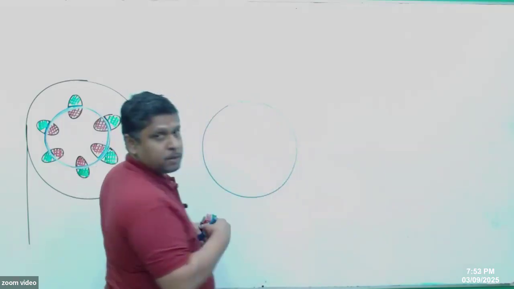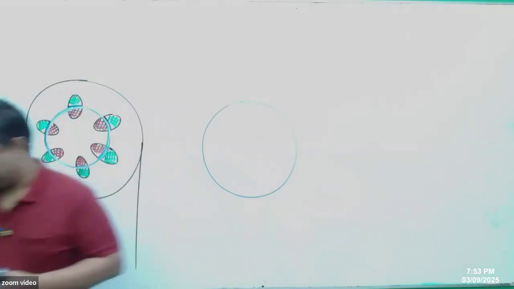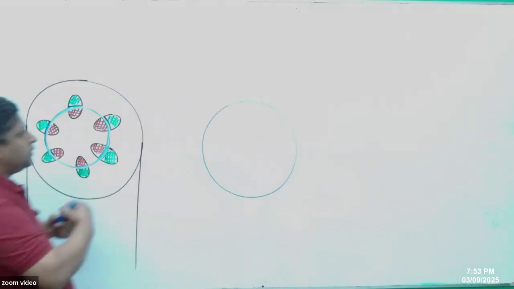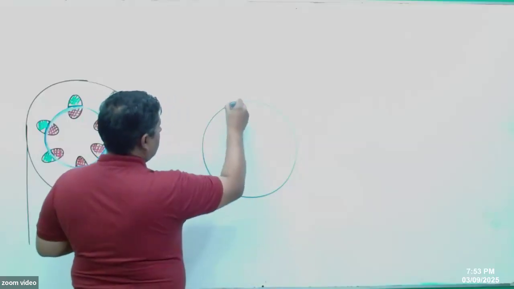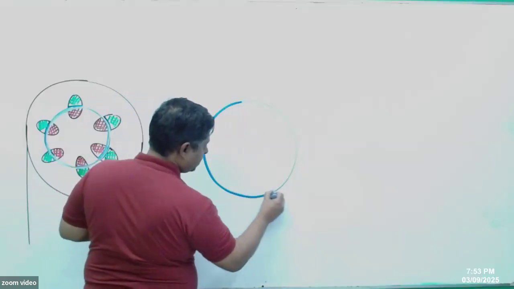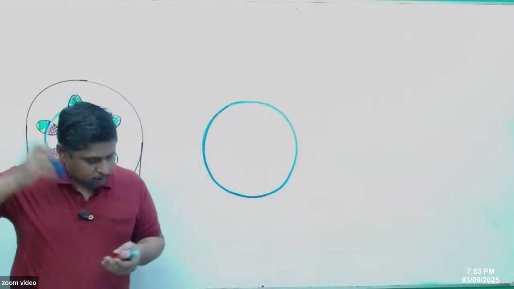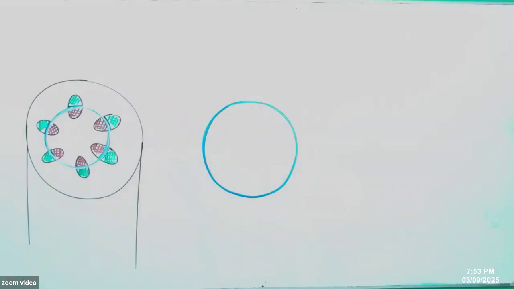This is the vascular cambium. It's not clear, right? This is the vascular cambium. And from there, new cells are going to form towards inside.